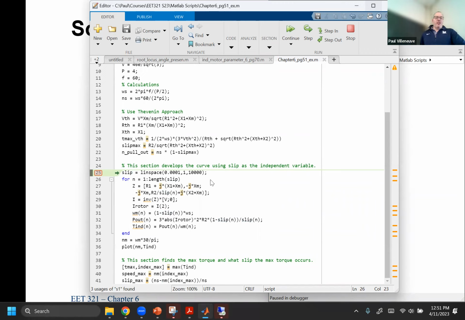We're going to start at 0.0001 and run to 1, with 10,000 values of slip between 0.0001 and 1. So we should get a really nice curve. The only thing slip is going to affect is this part right here. Remember that matrix from when we did our loop equations approach?